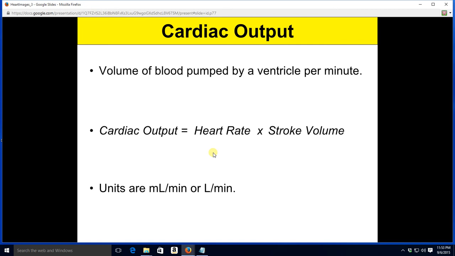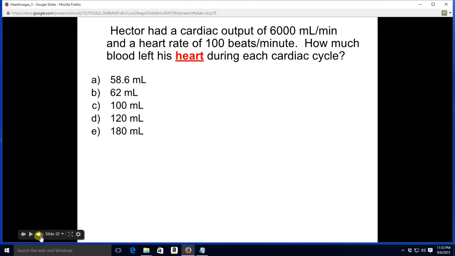Mathematically, cardiac output is given by heart rate times stroke volume. Units are going to end up being milliliters per minute or liters per minute, whichever you want to use. We're going to do some algebra with this in lab, if you haven't done so already.